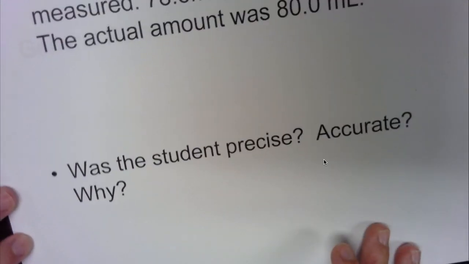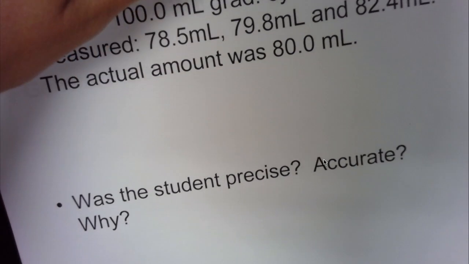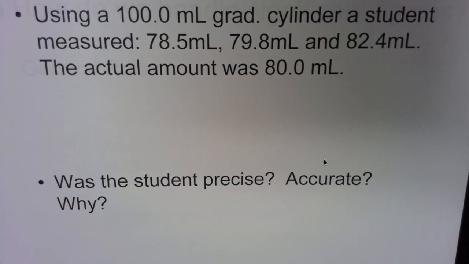So let's do an example. If we were using a 100 milliliter graduated cylinder and we measured those values, but the average value we're supposed to get is 80 milliliters, would we be accurate, precise, or both? The first question you have to ask yourself is, what is your certainty?